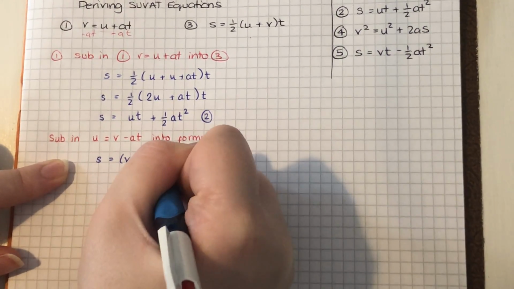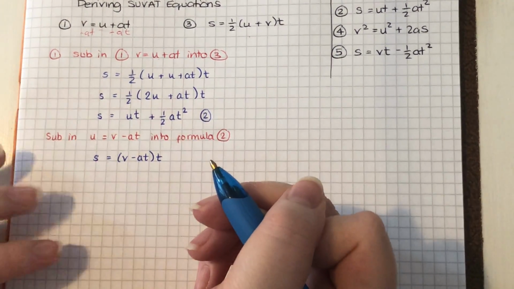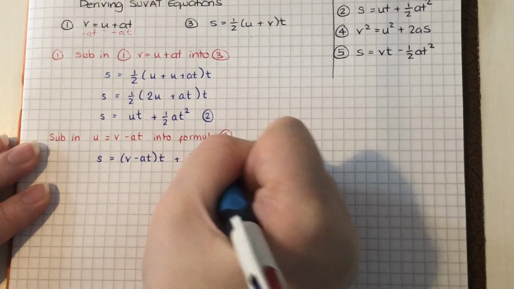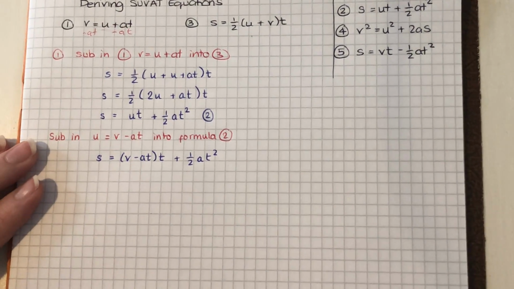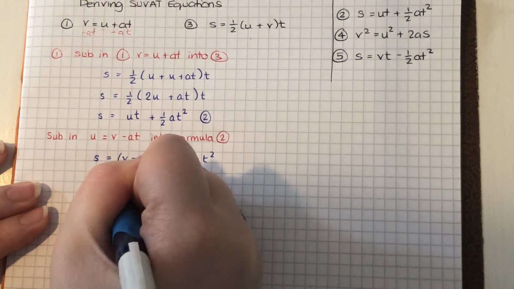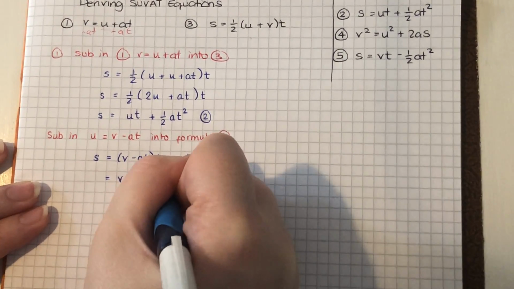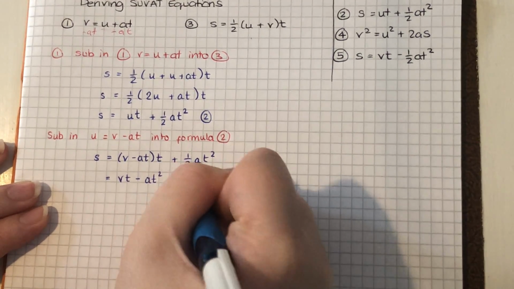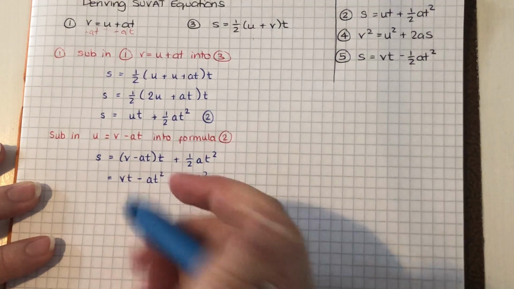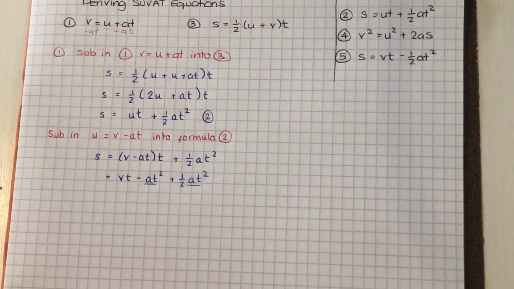I'm just putting it in brackets because it is being multiplied by t, and I want to make sure I multiply both parts by t, and the rest of it will stay the same. Okay, then we can expand out that bracket, so that'll be vt minus at squared plus a half at squared. Now looking at these bits, they've both got at squared, so that means I can simplify them.